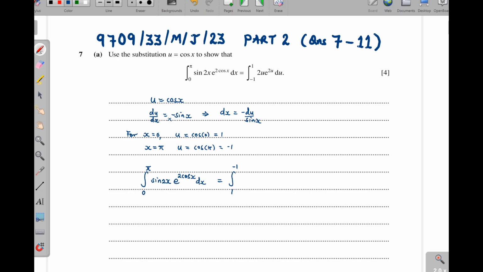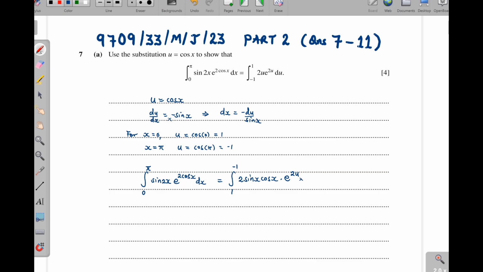Then we have sine 2x. Using the double angle formula, we are going to have 2 sine x cos x, then times e to the power of 2 cos x, but cos x is what? u. So we have 2u here.